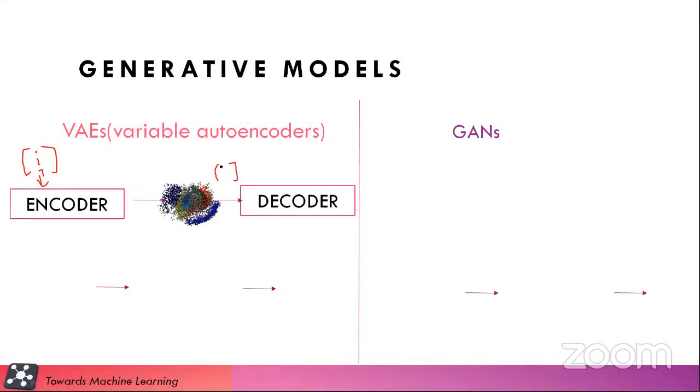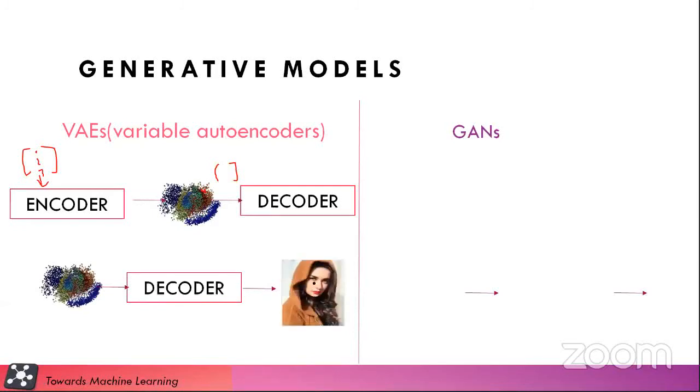The decoder will take labels from the latent space and try to create an image. We do not use the encoder after we encode all the images to a latent space. So this is an autoencoder.